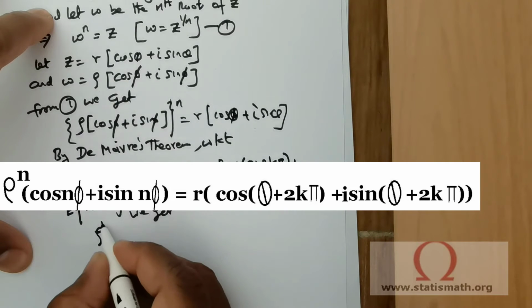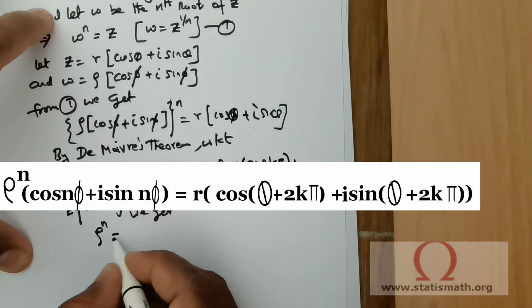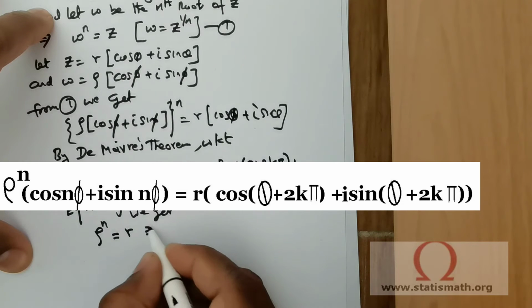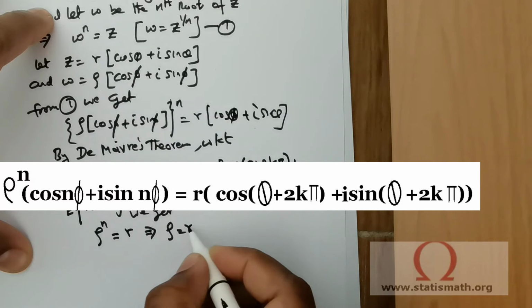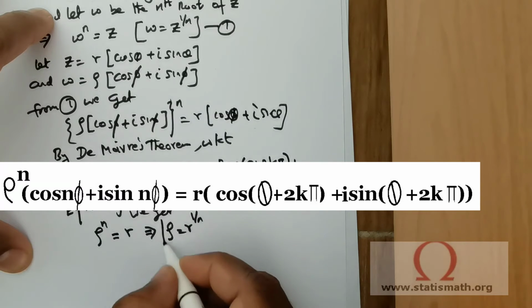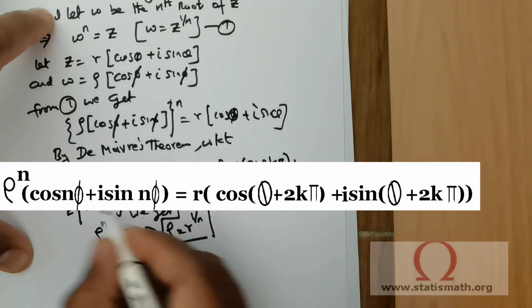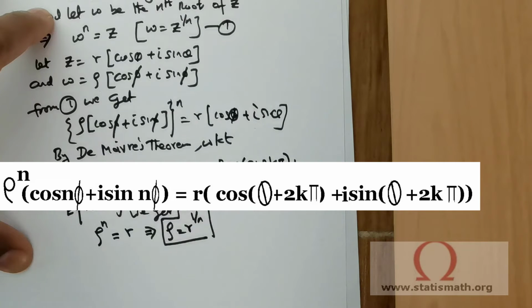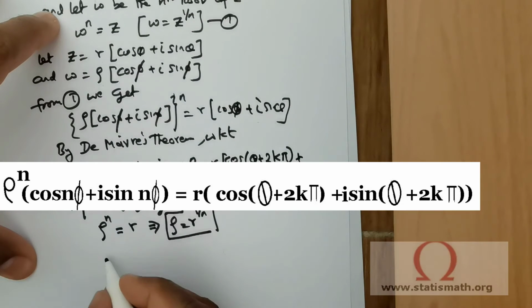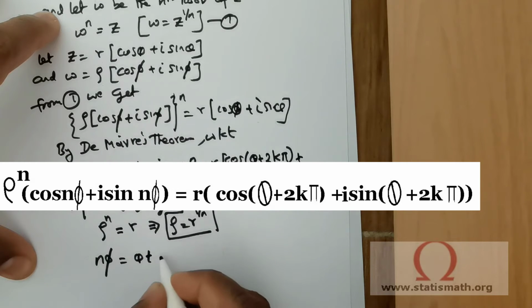So this means rho to the power n is equal to r. So from here rho is equal to r raised to the power 1 over n. This is what we get when we equate the modulus. Now equating the argument, n phi is equal to theta plus 2k pi.